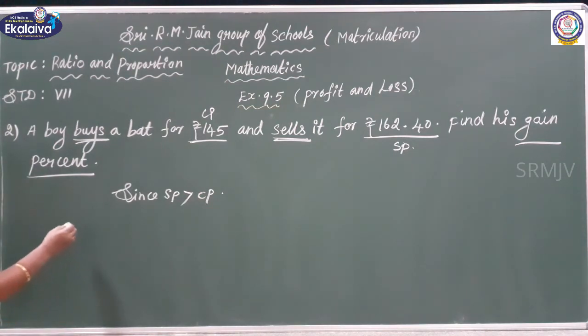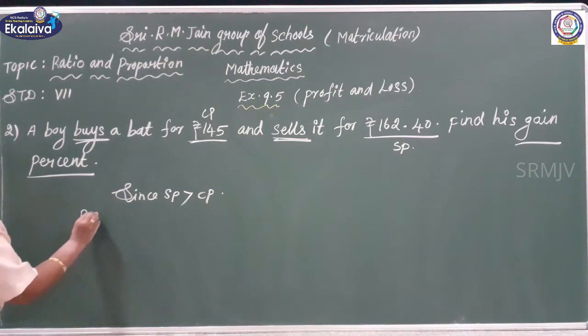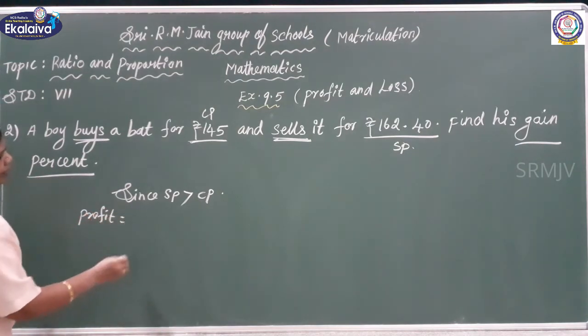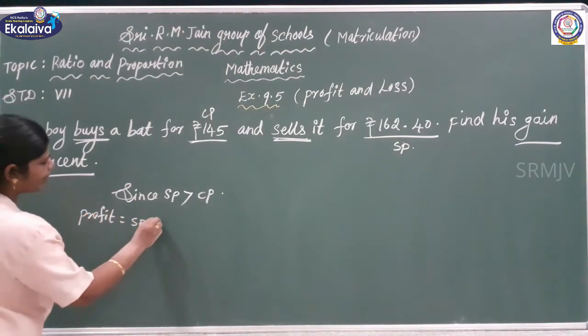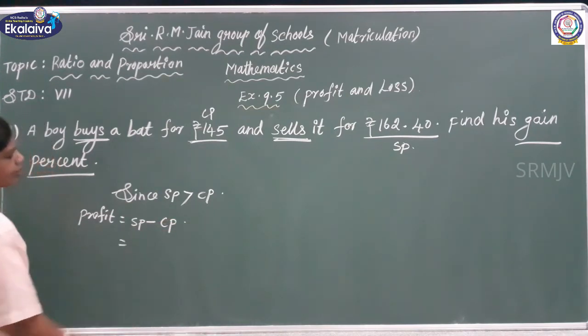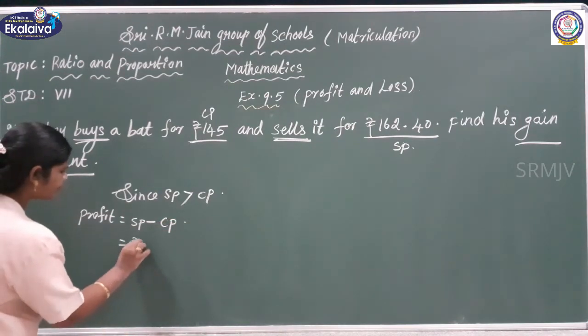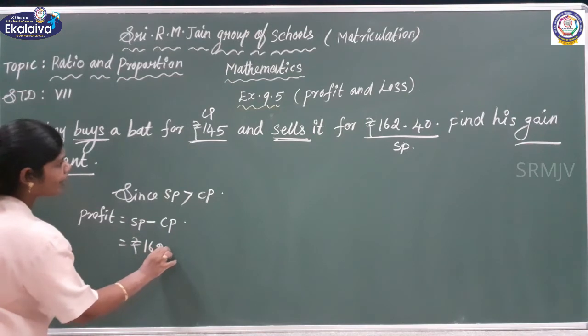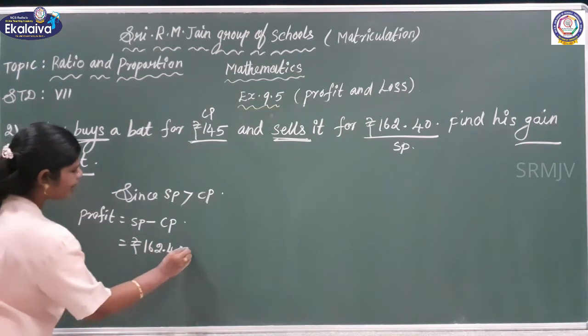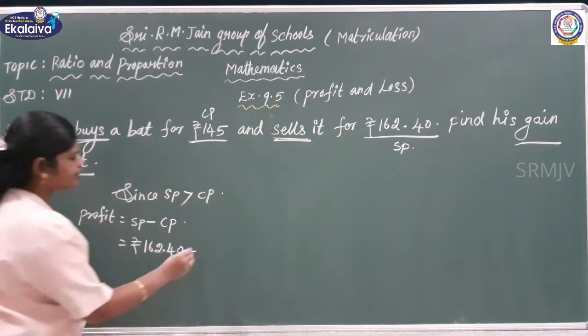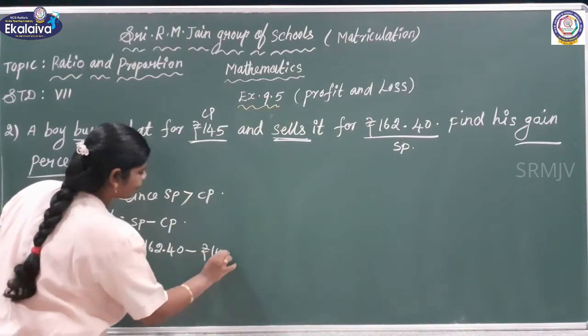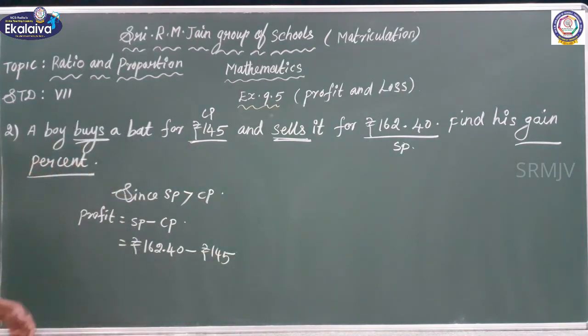Okay. So profit equal to selling price minus cost price. So here selling price is 162.40 minus the cost price rupees 145. Okay. Now you subtract this 162.40. 145 is a whole number.